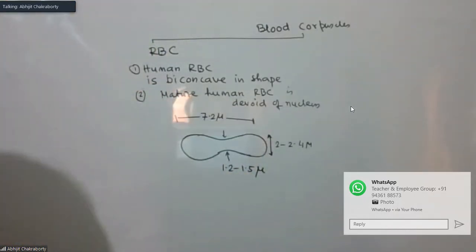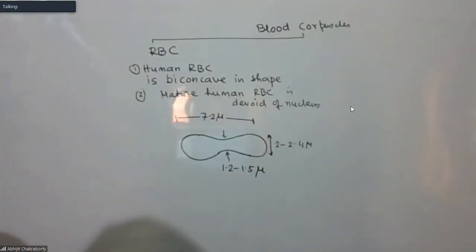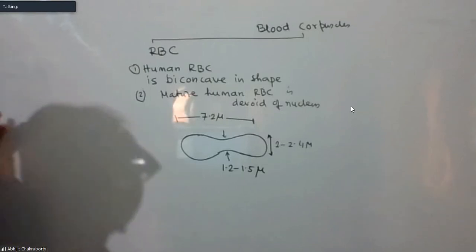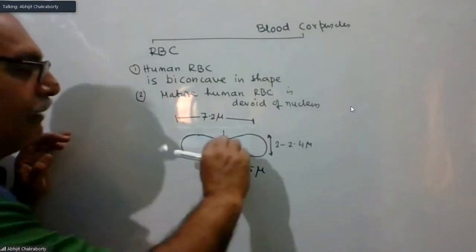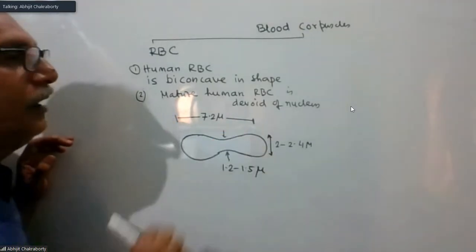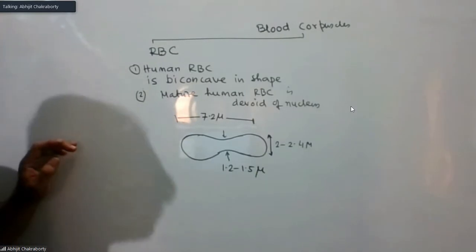So this is the RBC you see. Clear? So it can be squeezed in the middle as it doesn't have nucleus.